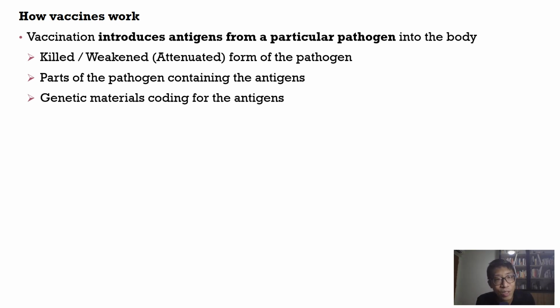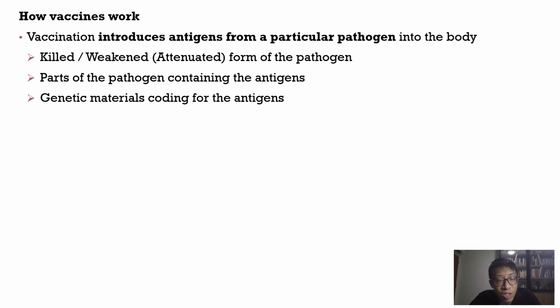Others may be still alive, but weakened, right? So does not really cause a serious disease, but may still have a bit of infection and replication inside the body. Okay, so that's for the entire complete pathogen kind of vaccines.